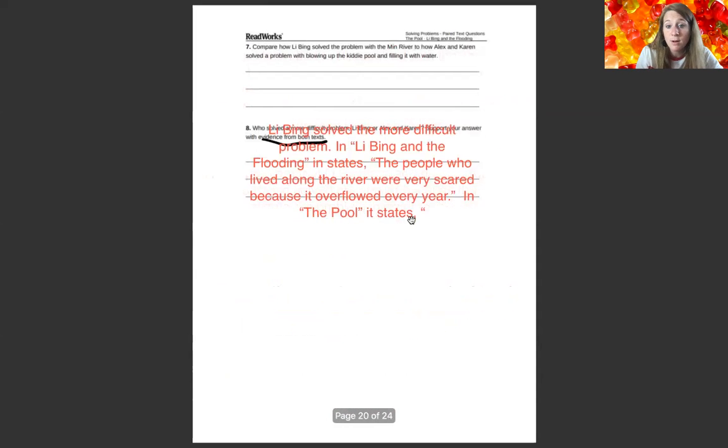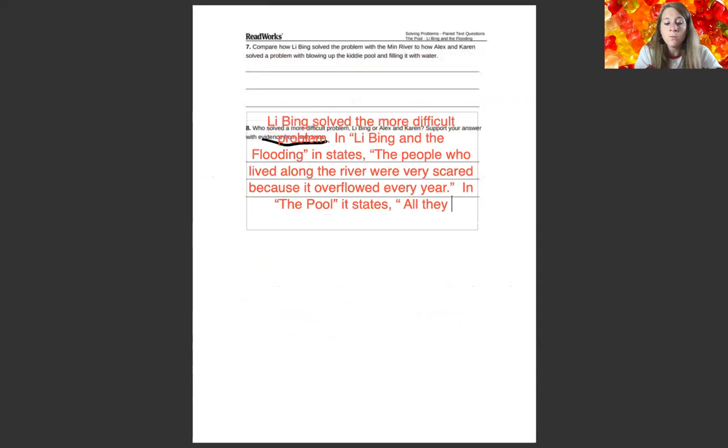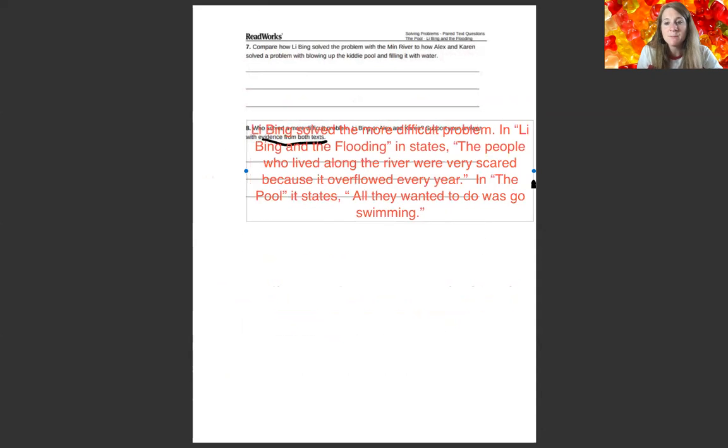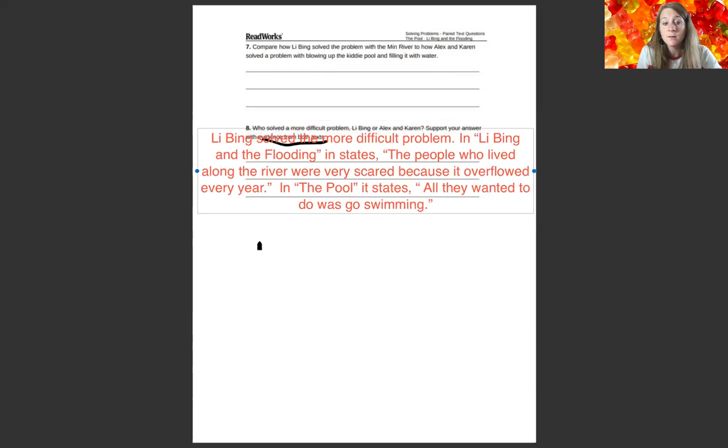That's not a big problem, okay? So it states all they wanted to do was go swimming. There you go. And then that shows that this problem is not as big as the problem that Li Bing had to help solve. Okay?